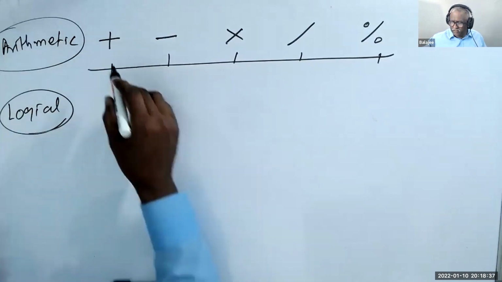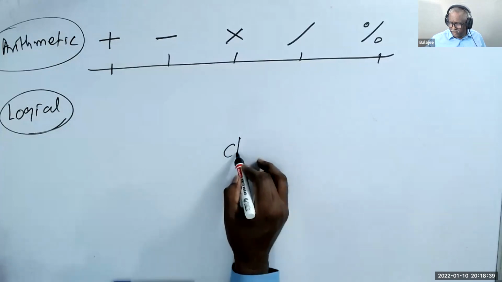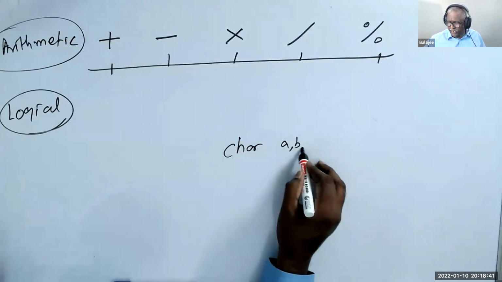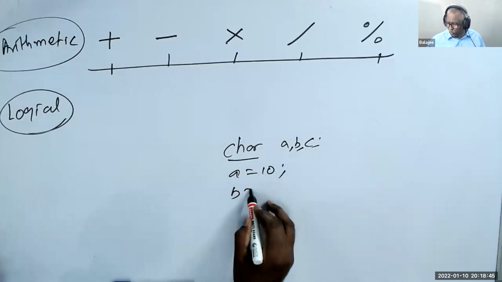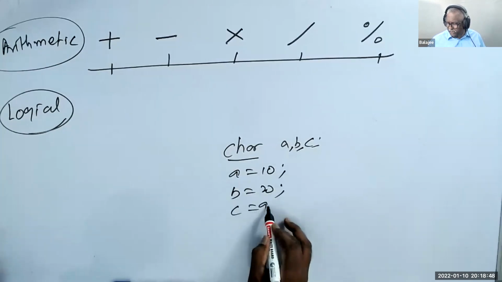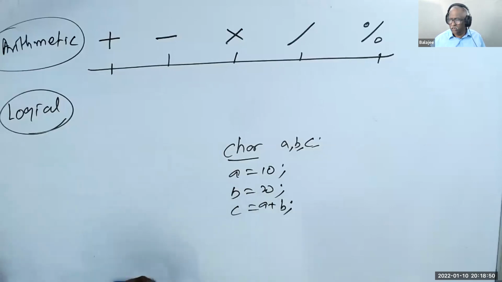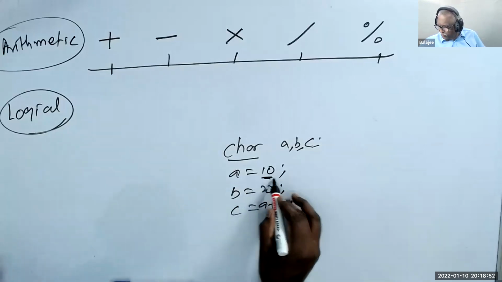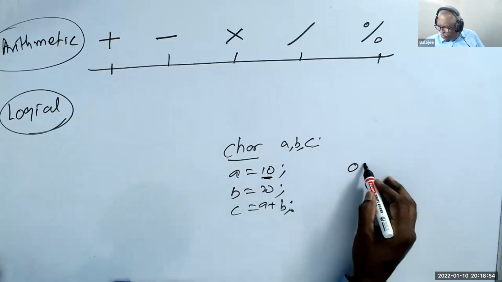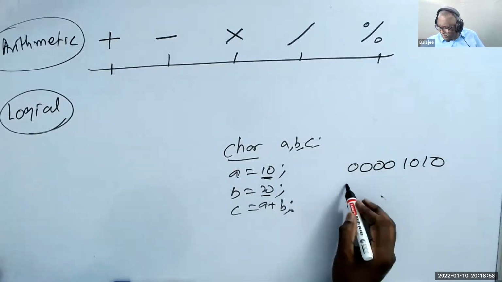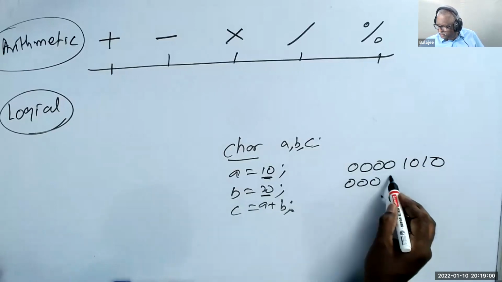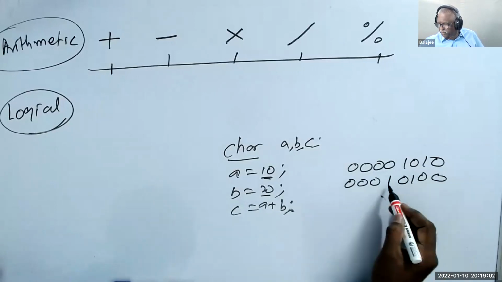If I say char A, B, C, why I use char is that it is only 8-bit. A is equal to 10, B is equal to 20, C is equal to A plus B. Now the 10 will be converted to binary 00001010. 20 will be converted to binary 00010100, 16 plus 4.